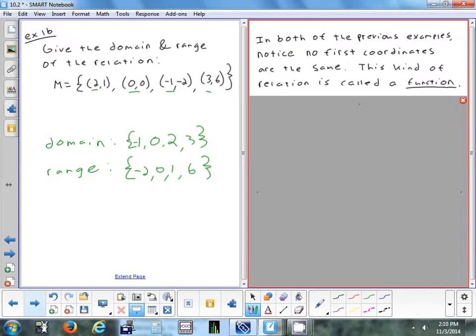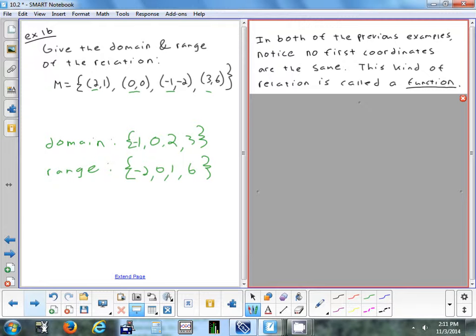All right. So the last idea in section 10.2 is a function. Okay, describe it right here. If none of the first coordinates are the same, that's called a function. So let's look.